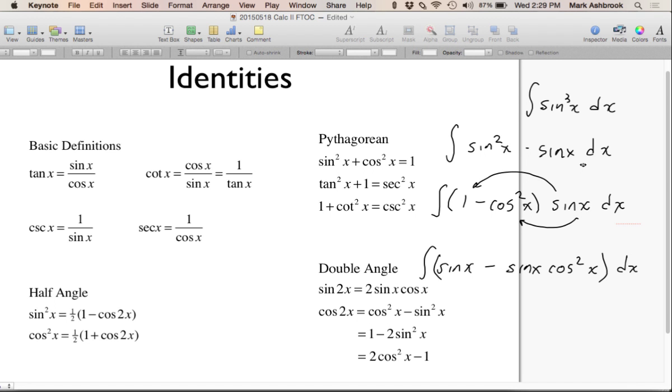So antiderivative of sine x is negative cosine. And now, how are we going to do sine x times cosine squared? Apply what we've learned here. Yes? It's just cosine to a power, so you just up the power.